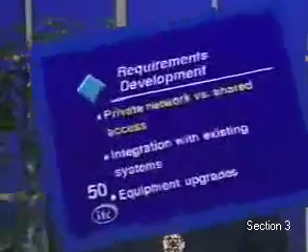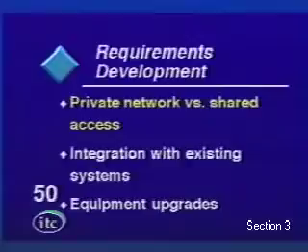Large organizations may wish to manage and control their own wide area network service instead of sharing access through a mid-level provider. Most smaller organizations will simply use an existing service. One of the most important considerations is the integration of the new service with existing systems.